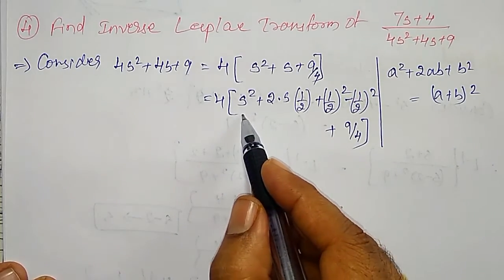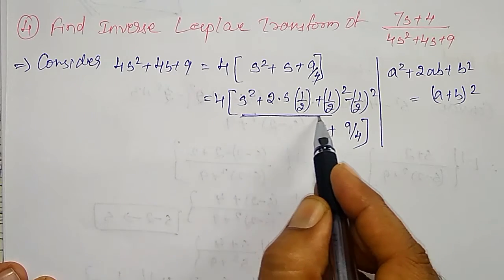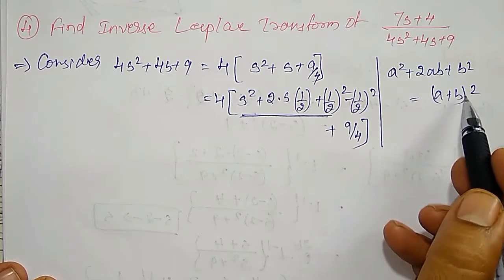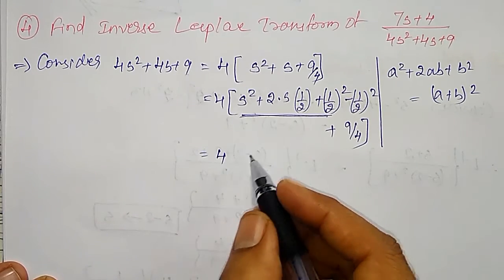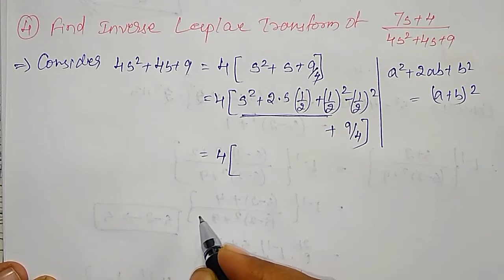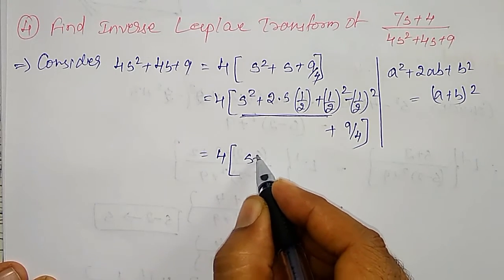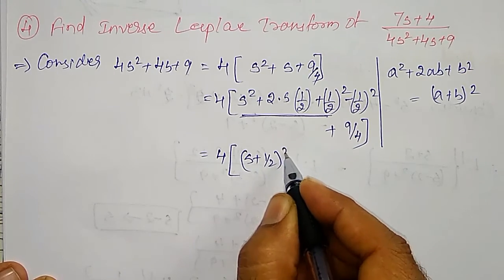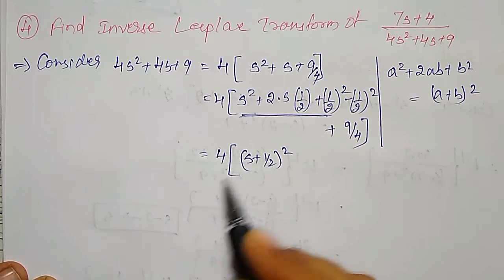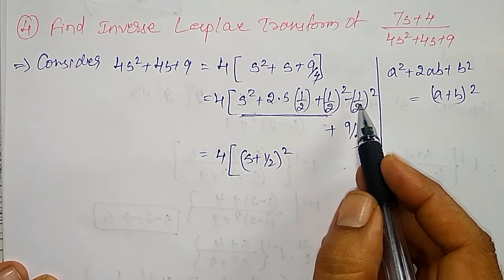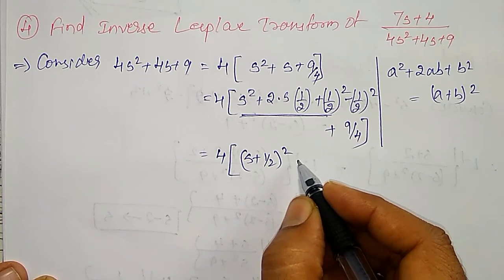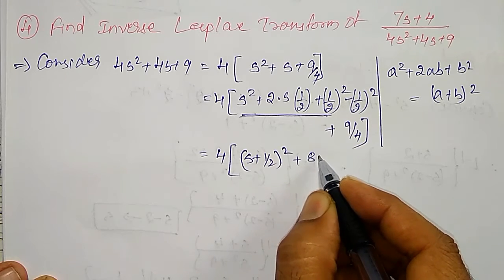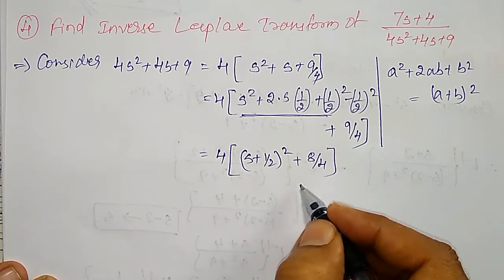Using these first three terms, they are looking like this. Therefore, I can replace them by this one. That is 4 into s plus 1 by 2 square I can write, using the first three terms, and subtracting 1 by 4 plus 9 by 4 will become 8 by 4, that is 2.